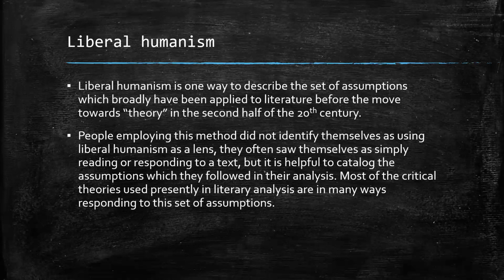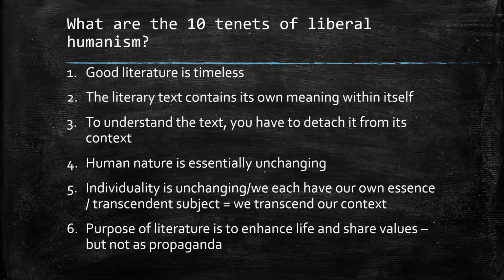Liberal humanism is an approach, a method, but the people who used it did not identify themselves as liberal humanists. They often saw themselves as simply reading or responding to a text. However, it's helpful to catalog the assumptions they followed in their analysis. Most of the critical theories used presently in literary analysis are in many ways responding to and/or rejecting this set of assumptions. So what are these assumptions?